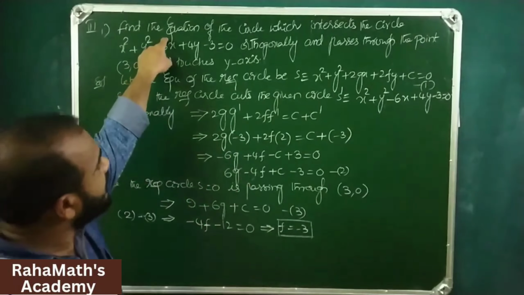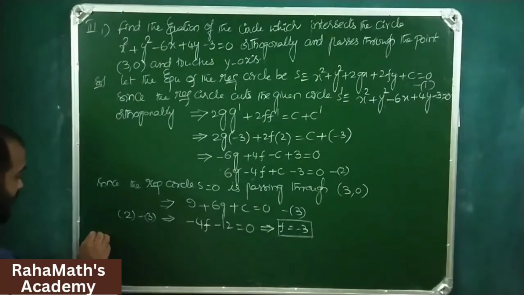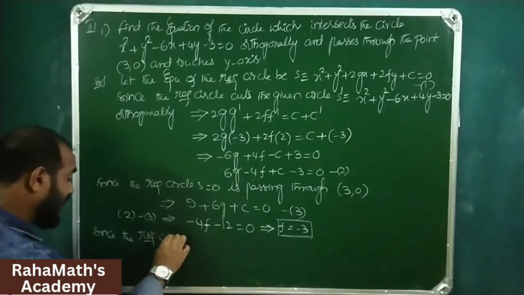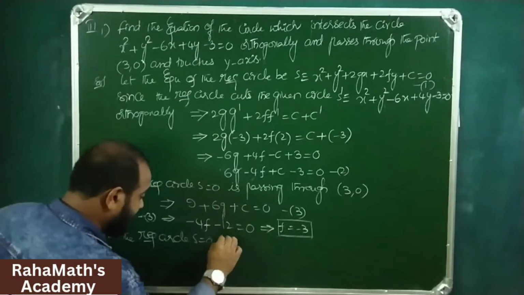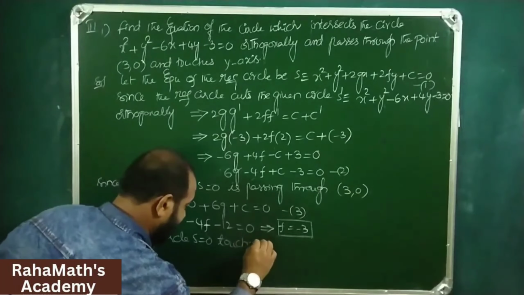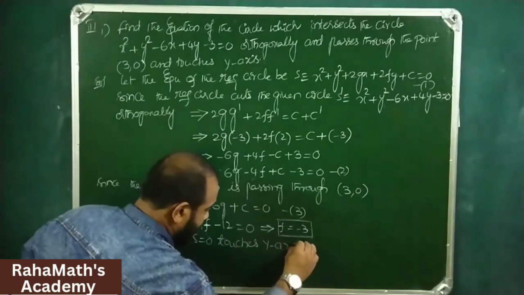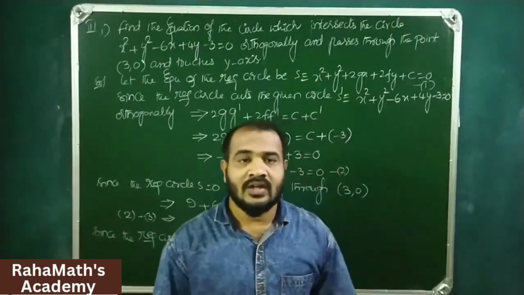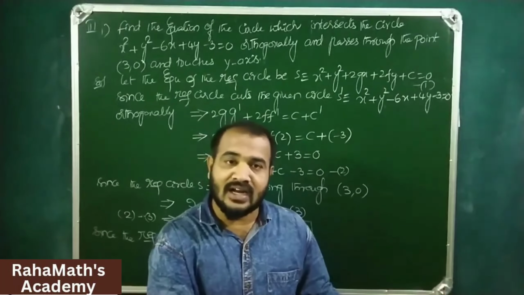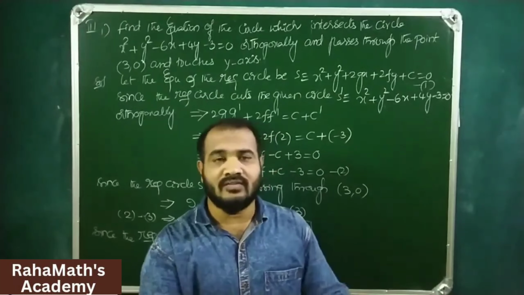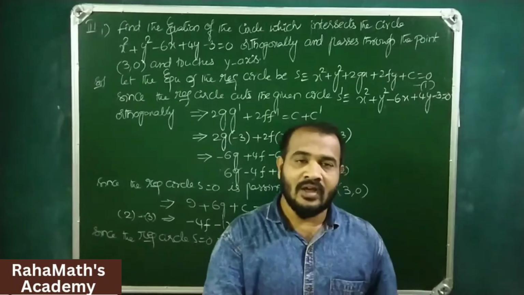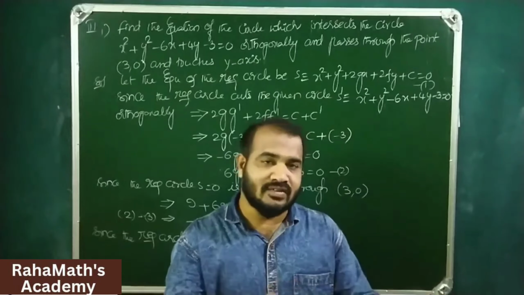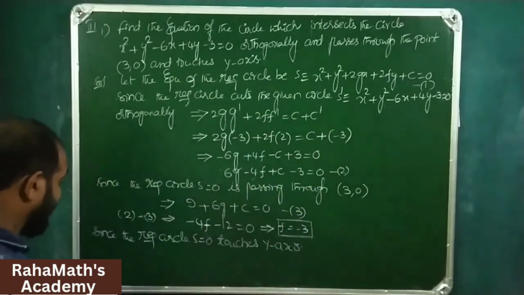So the required circle touches the y-axis. In the circles lecture we have discussed this. Whenever the circle touches the x-axis, g square equals c is the condition. In the same way, whenever a circle touches the y-axis, f square equals c.